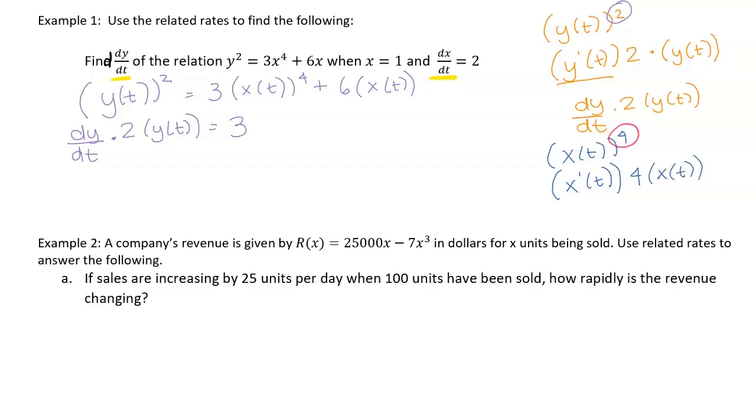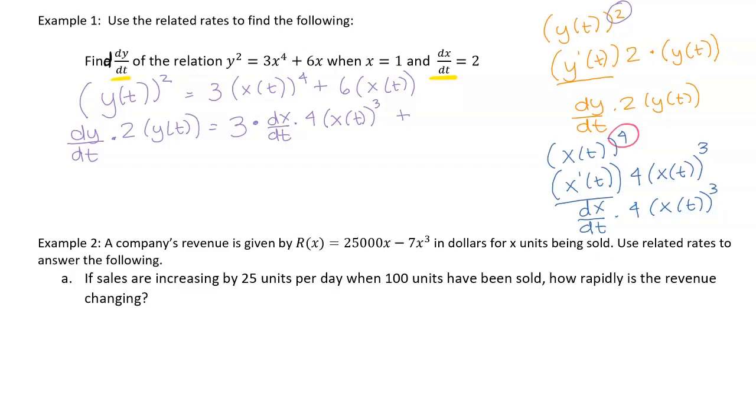The inside stays the same, and then I'm going to subtract 1 from the exponent. That is the power rule. Now I'm going to rewrite this x prime of t as dx/dt, then times 4 x of t cubed. So that term becomes, the 3 still stays there, times dx/dt times 4 times x of t cubed.